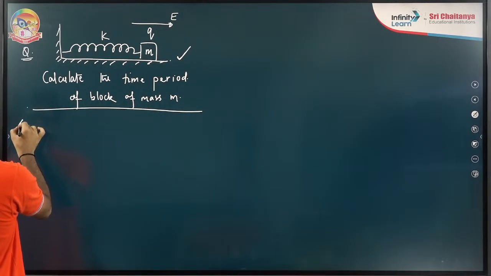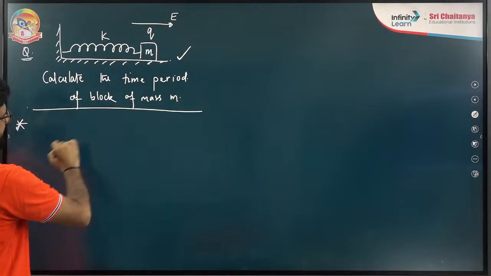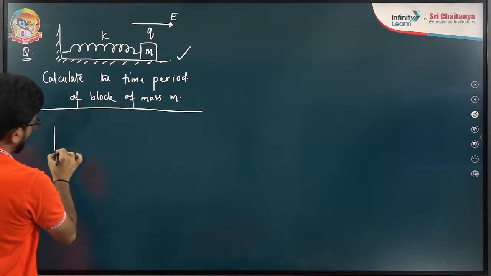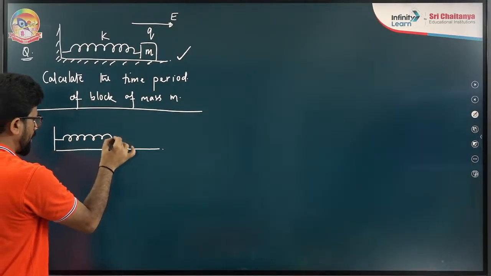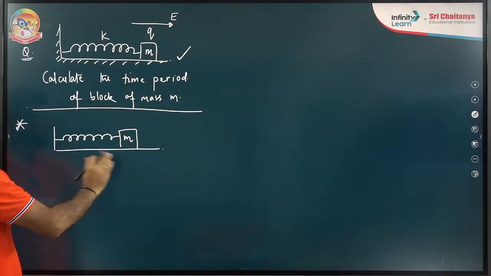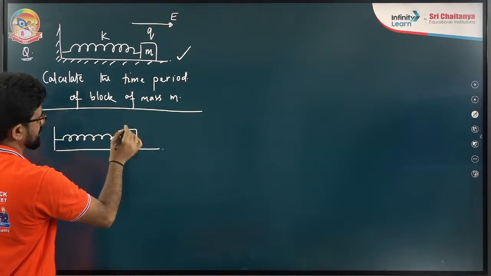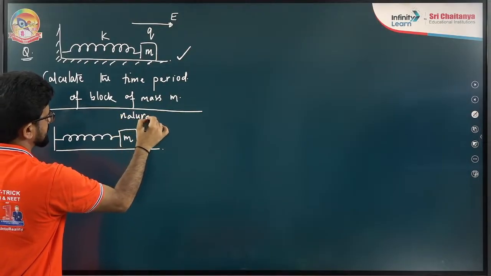A very basic thing is given to you. Suppose there is no charge. Only this mass m, initially at equilibrium position or natural length. This is your natural length.